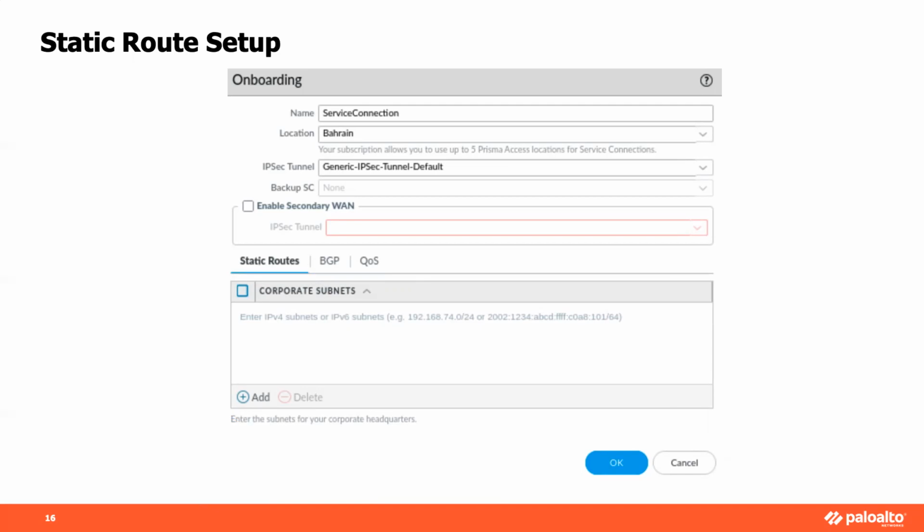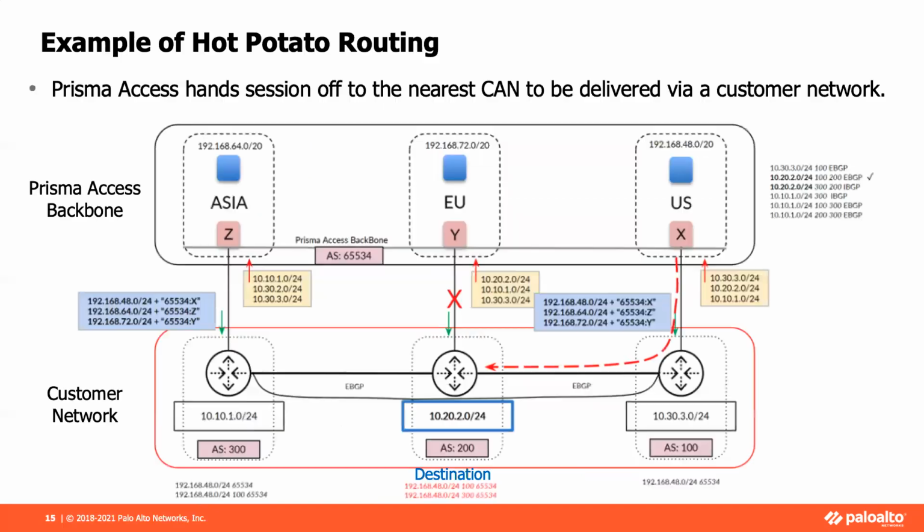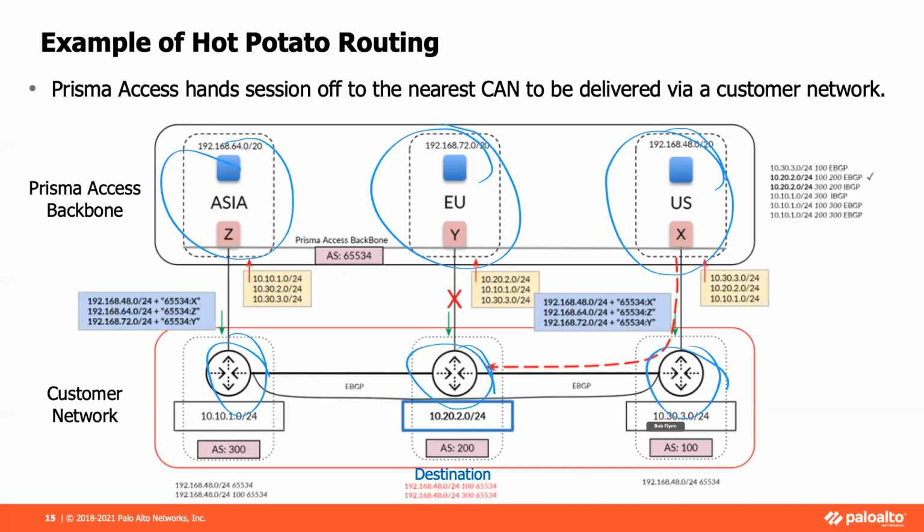Or we can plug into BGP, which would allow us to do, for instance, hot potato routing. We can have our nodes peer with existing BGP deployments with on-premise equipment.